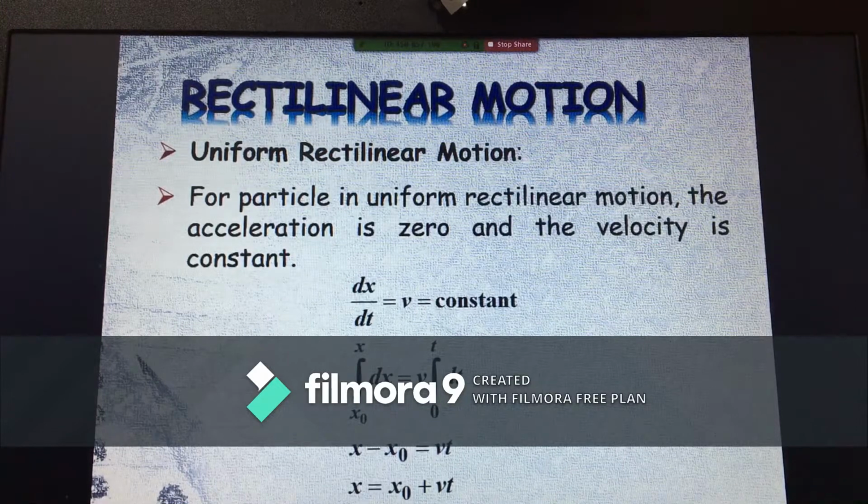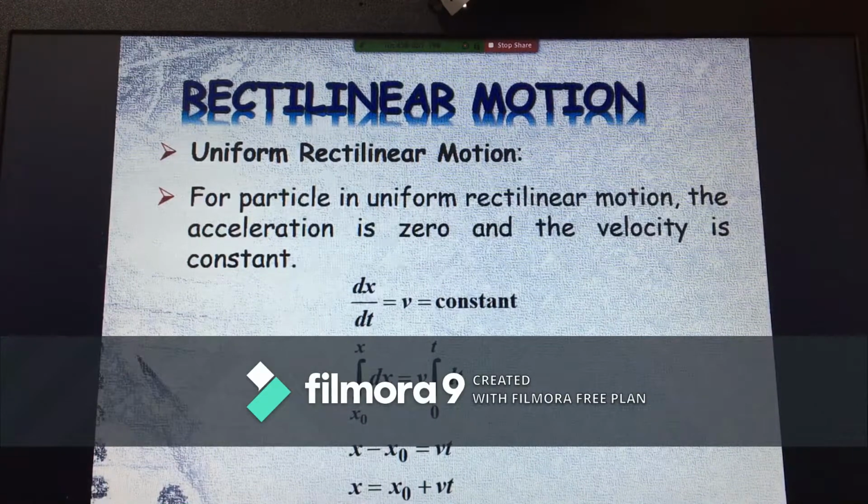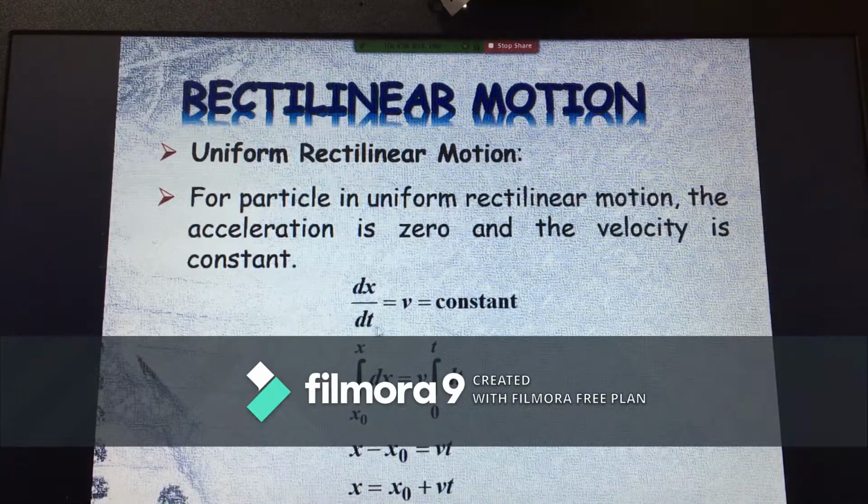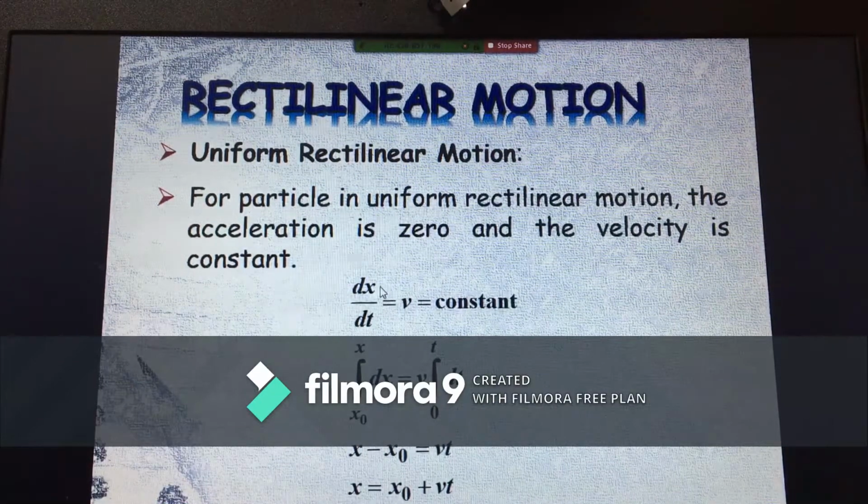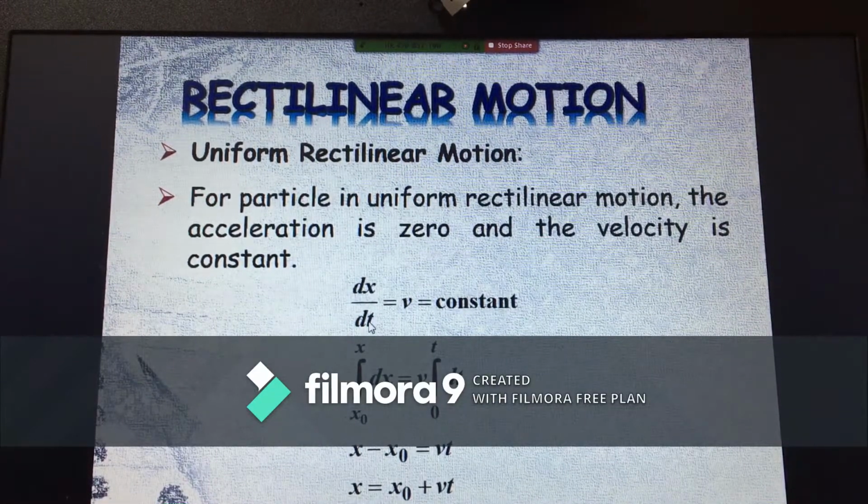Then we have this from the equation. A while ago we have, remember, we have v. So ang gagawin natin to, class, is to find out what is the distance x. So let's calculate the distance x. So to get the distance traveled by the particle, so gamitin natin yung formula kanina sa velocity. Alright? So we know that velocity is just the derivative of x with respect to time.